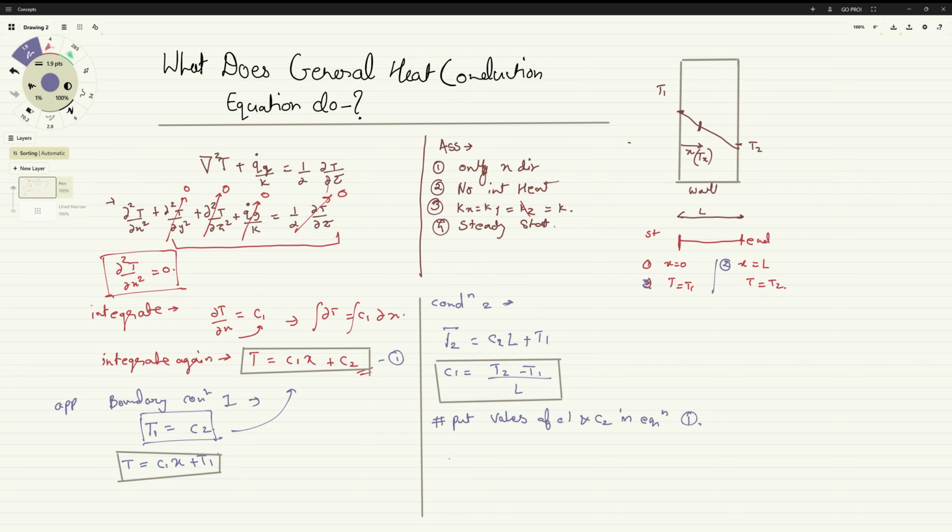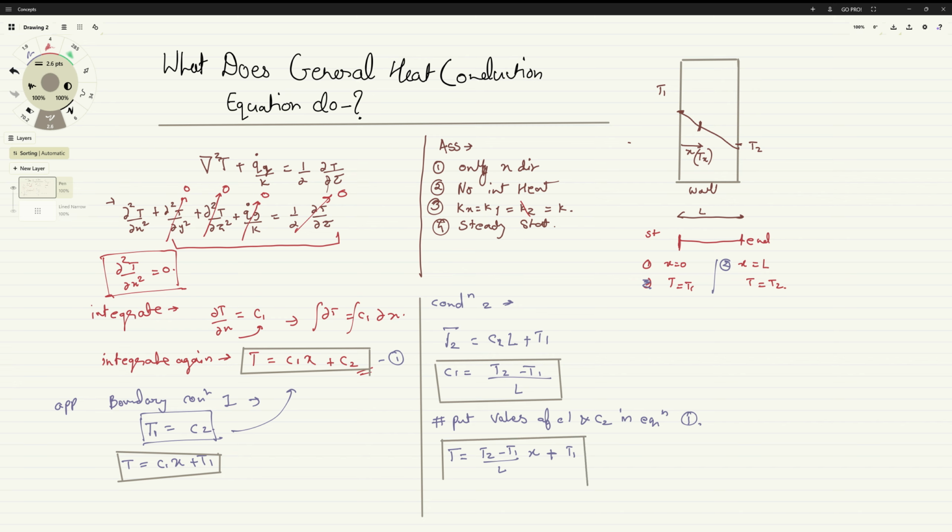So the new value of temperature becomes T equals C1, which is (T2 minus T1) upon L, into x, plus T1. This is pretty much the final equation that we need.